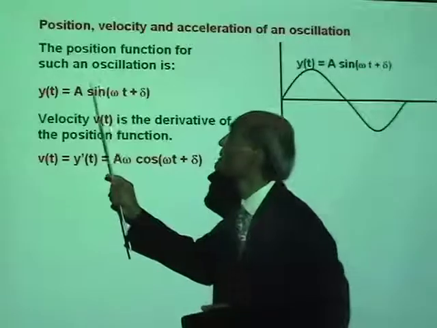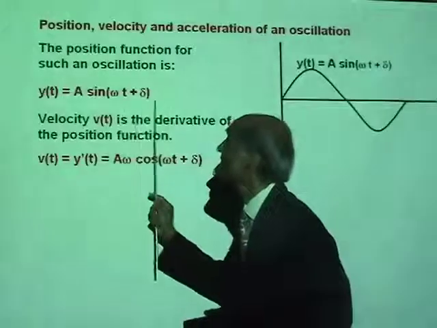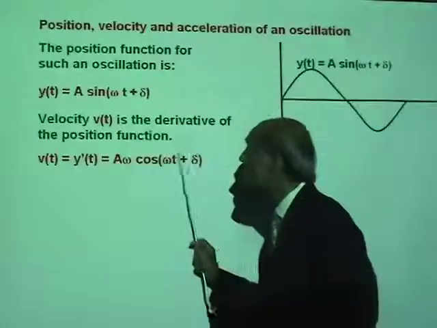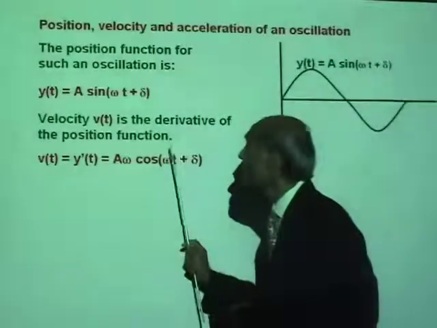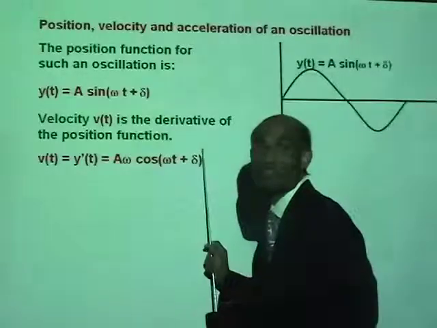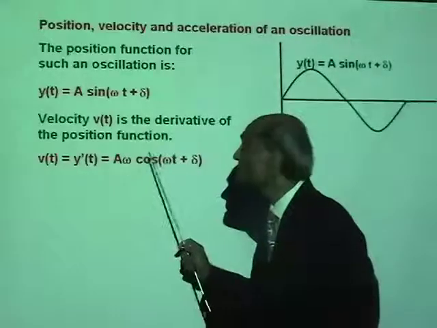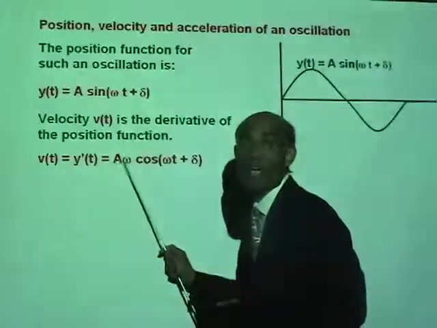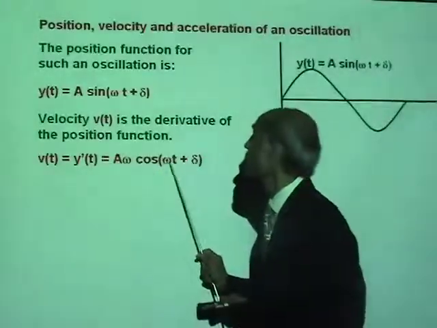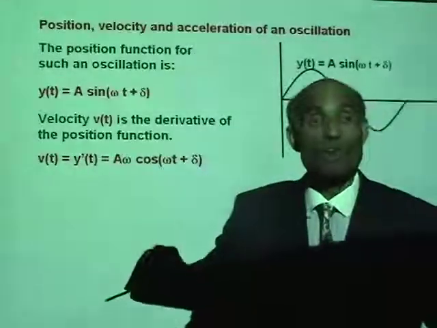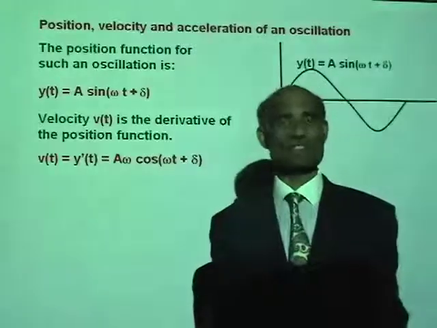One more time, the derivative of a sine quantity is the cosine of the same quantity multiplied by the derivative of that quantity. The derivative of omega t plus delta is omega. So a omega cos(omega t plus delta) gives you the equation for the velocity of oscillation.